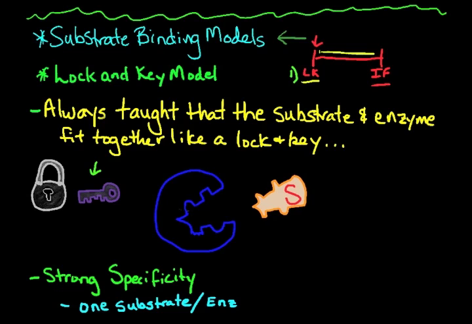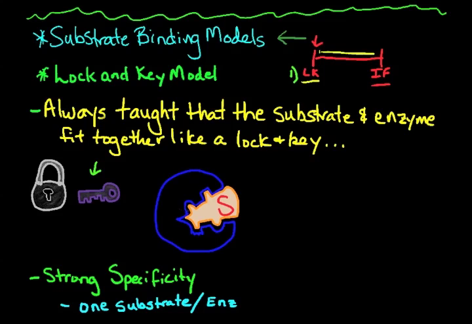So you can imagine that if you change the substrate just a little bit, it would not bind in this active site. It would be like trying to put the wrong puzzle piece into position. It just wouldn't quite fit.